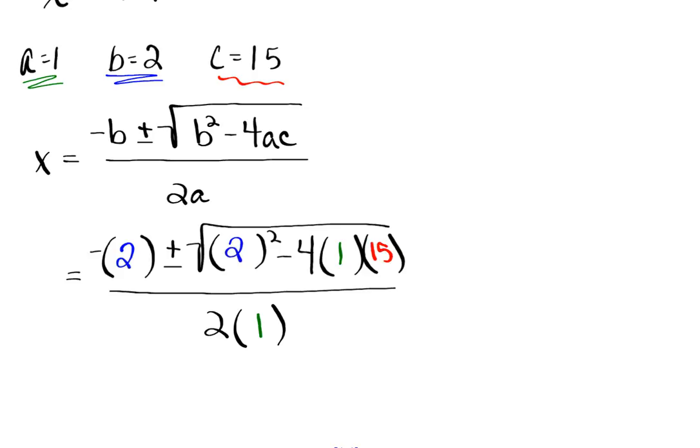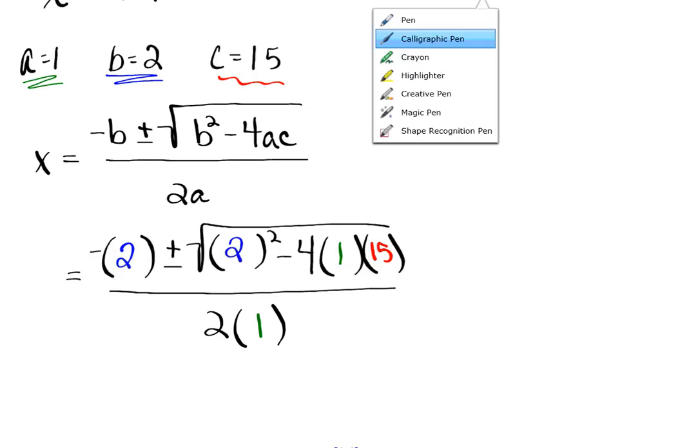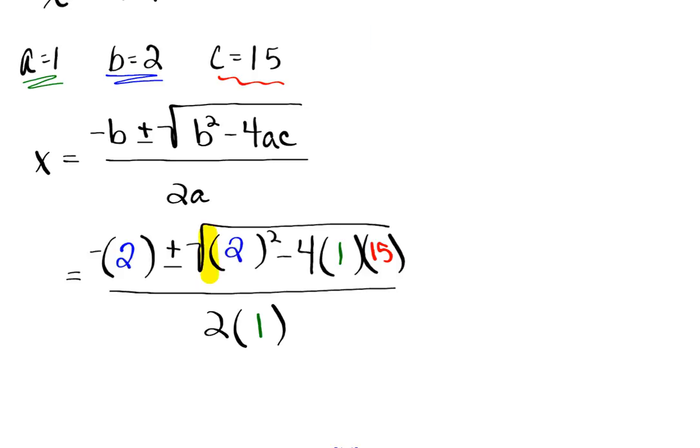The first thing I want you to do when doing the quadratic formula is make sure that you do this piece of work right here. I want you to calculate this first, because if that piece I just colored in yellow is a negative number, you're going to get complex solutions.